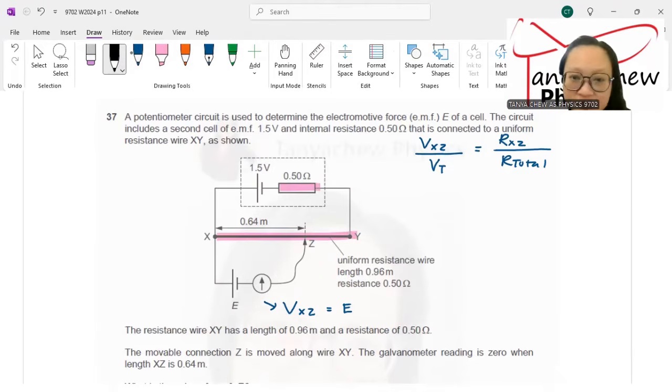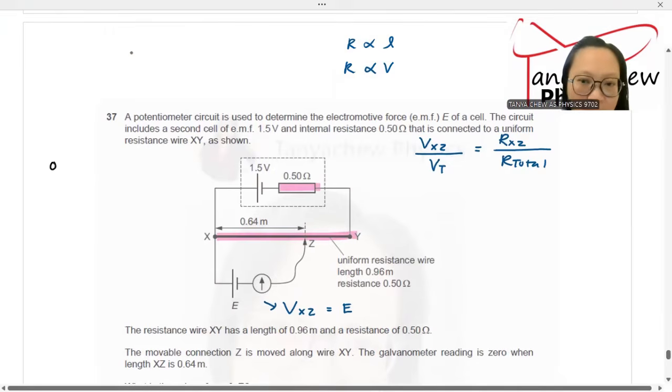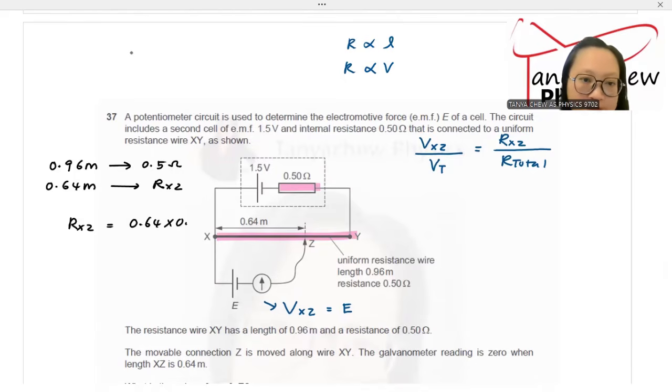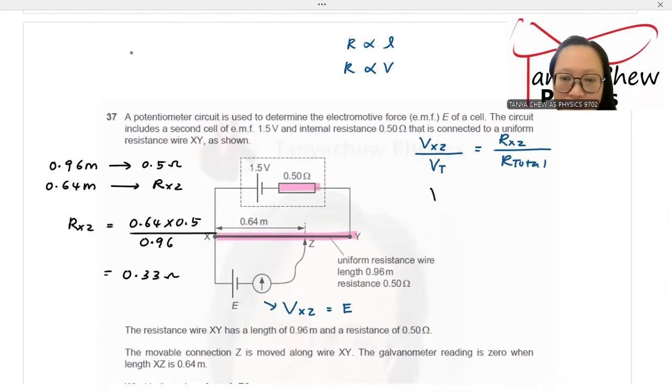So I know that the total length is 0.96 meter and the total resistance is 0.5 ohm. I only want to get 0.64 meter. What is the resistance? Do your cross multiplication. So the resistance of XZ is equal to 0.64 multiplied by 0.5 divided by 0.96. The answer is 0.33. Oh, so I just sub it in.